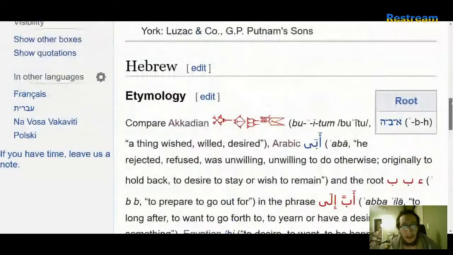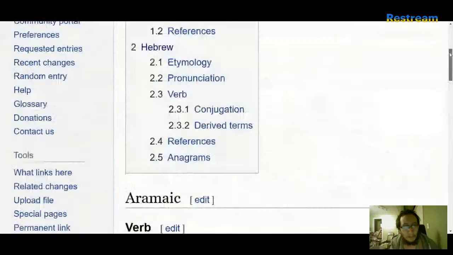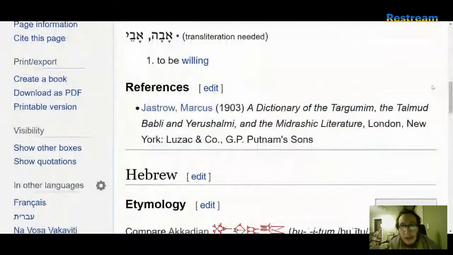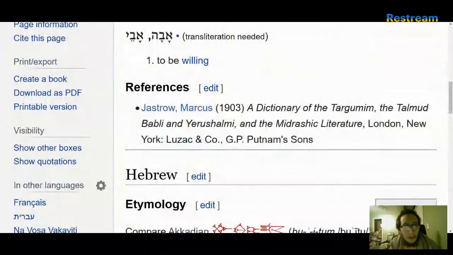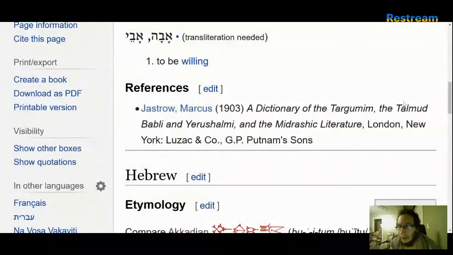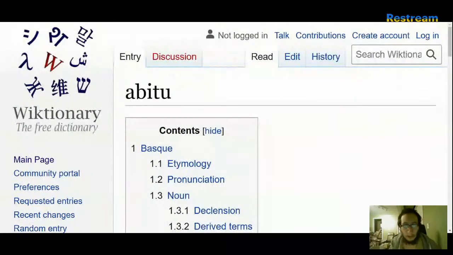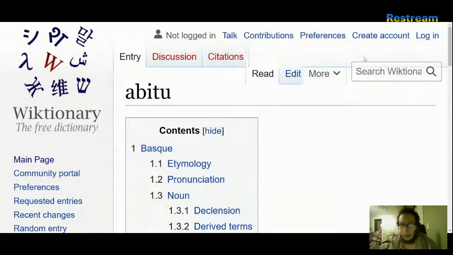But let's see. How did they say it? Abitu. Let's try it. Abitu. Akkadian. Hold on.